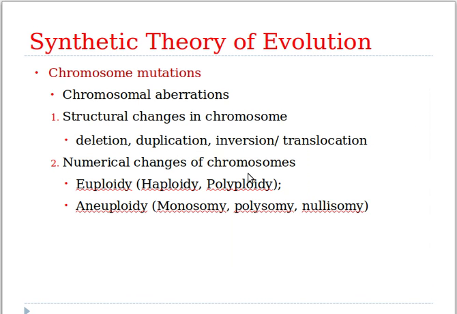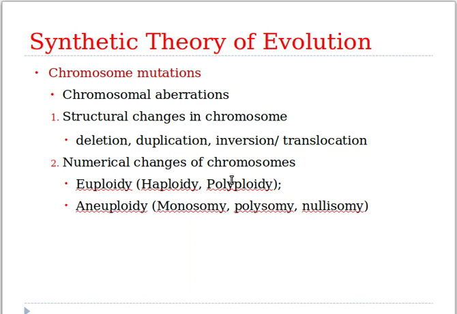Changes in the number of chromosomes could be heteroploidy or genomatic mutations. Here it is caused by the addition or loss of one or more whole chromosomes or sets of chromosomes. In the structural change in chromosome, the whole chromosome is not getting affected, only a set of genes is getting removed or added, or position is getting affected.